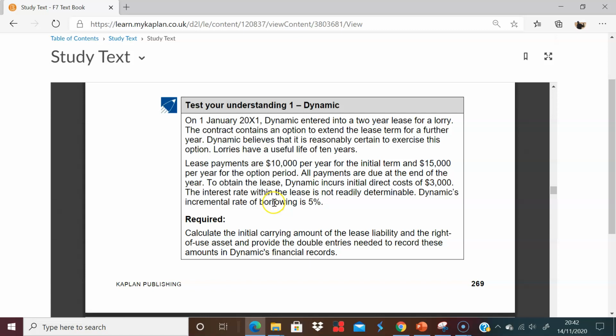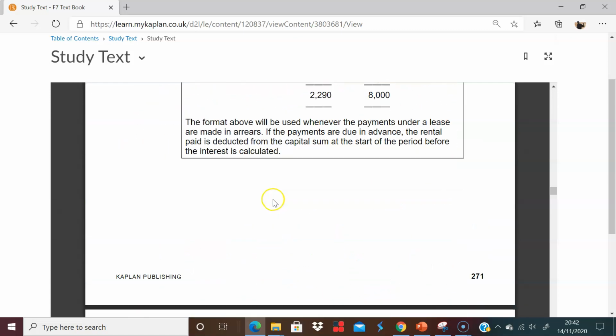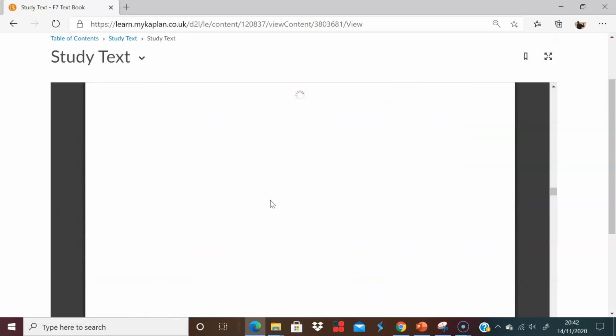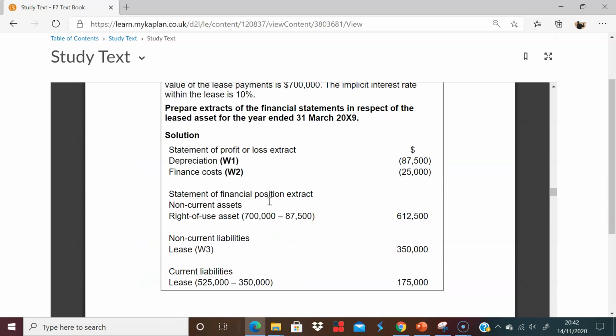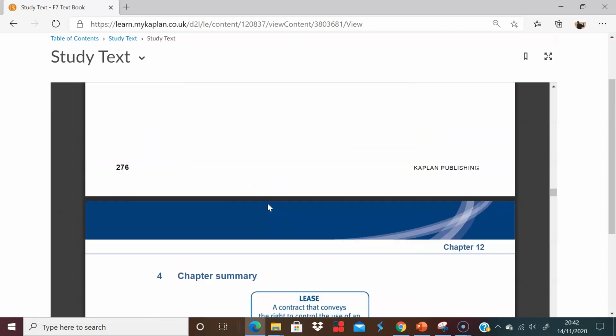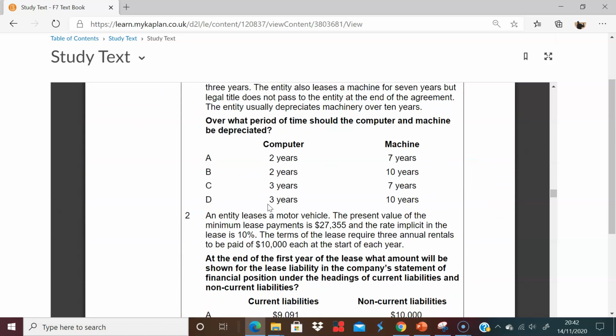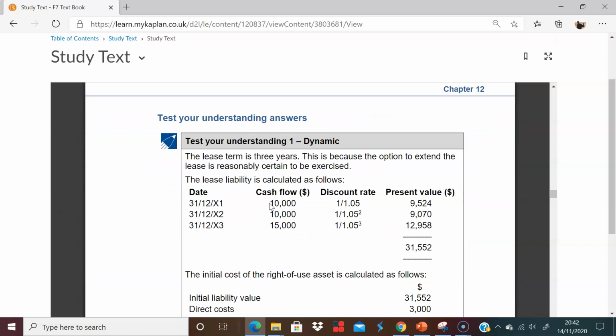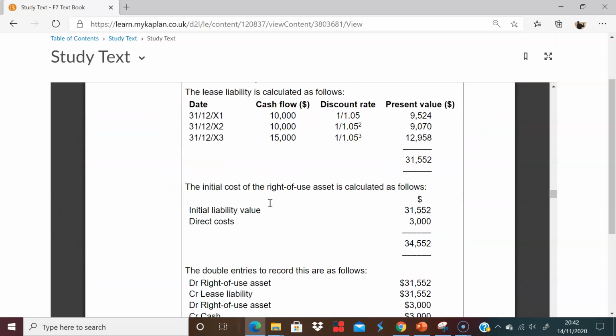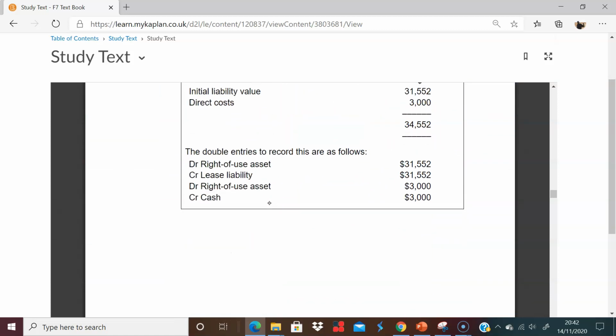So that's TYU1. Let's see what they put in there. And very quickly, let's see how they went with that. So here we are. You can see they have 31,552.